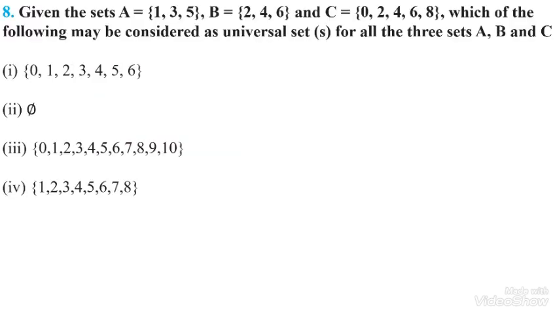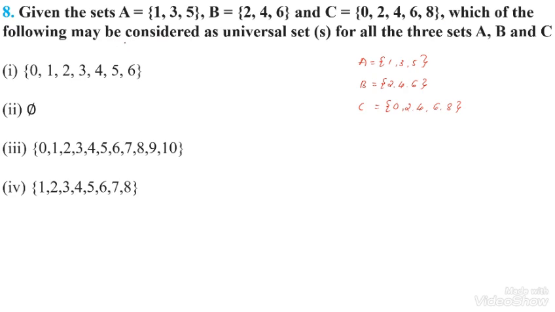Next, the last question, question number 8. Given the sets: A containing the elements 1, 3, 5, and the set B containing the elements 2, 4, 6, and C containing the elements 0, 2, 4, 6, 8. Here there are 3 sets.